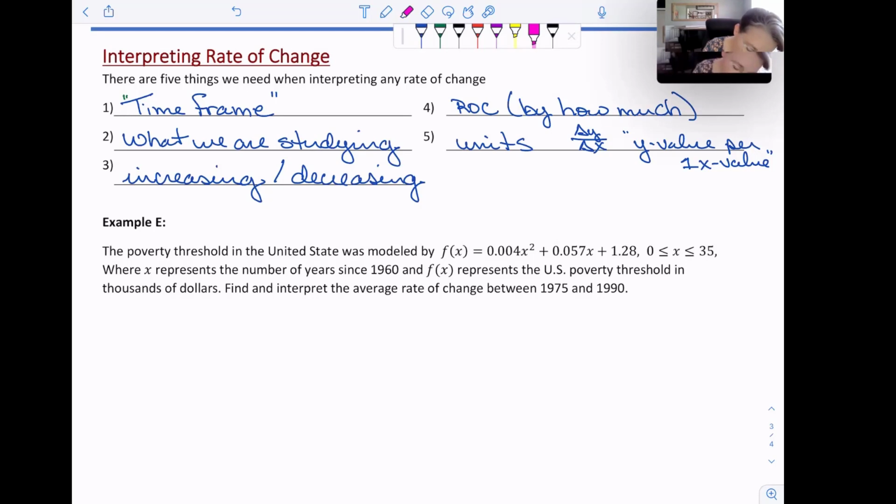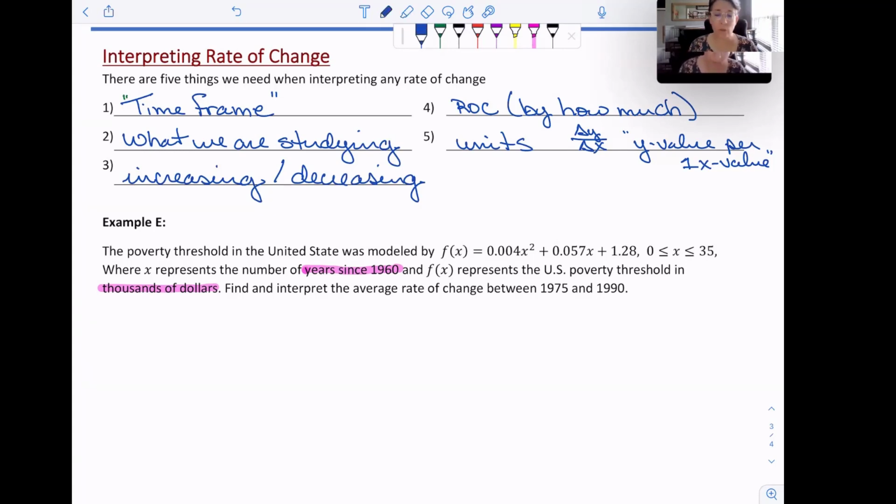So a couple of things that's important is years since 1960 and thousands of dollars. So if you see the number 3, that 3 represents $3,000. So they're wanting us to find and interpret the average rate of change between the year 1975 and 1990.